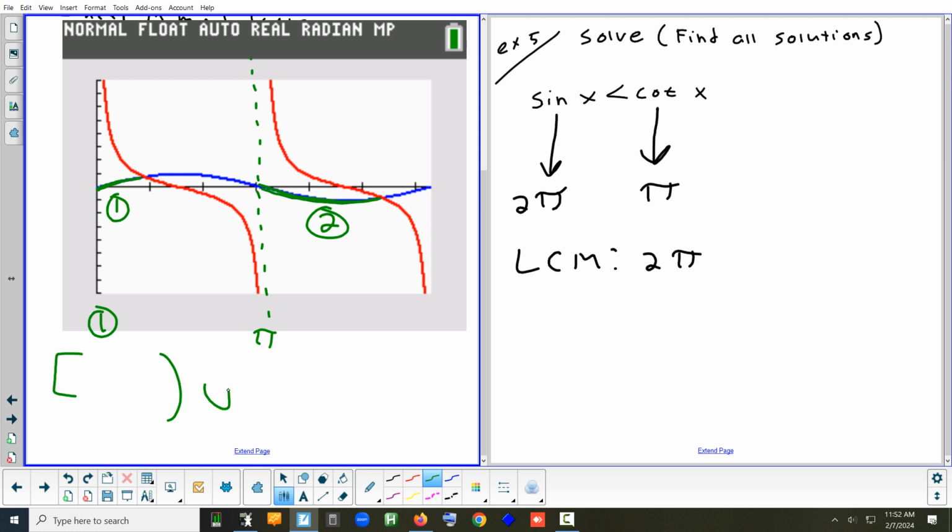How about interval 2? Can I include the left edge of interval 2? No, because if I try to include the left edge, we've got to think about that asymptote, and it says it has to be below. It can't be equal.